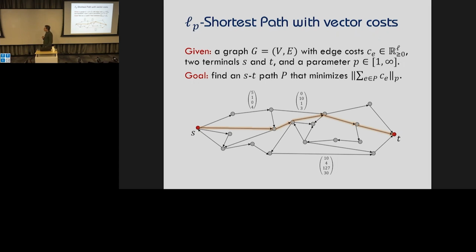And we want to minimize the L_p norm of this cost vector. So we want to find an s-t path P for which the L_p norm of the cost vector is as small as possible. In other words, we want to minimize this expression: sum over all edges on the path of the vector c_e, and then we compute the p-th norm. So that's our problem, and today we will mostly talk about it.